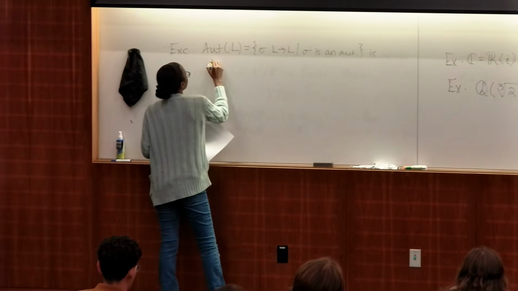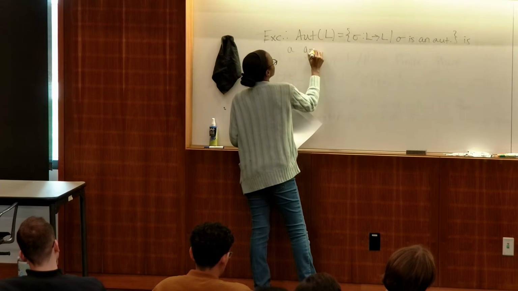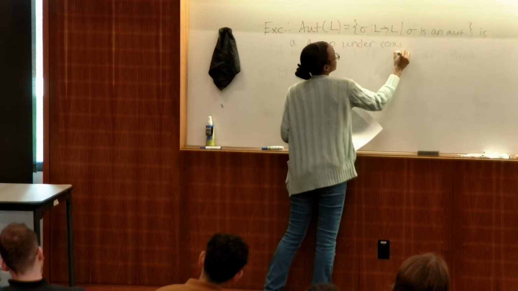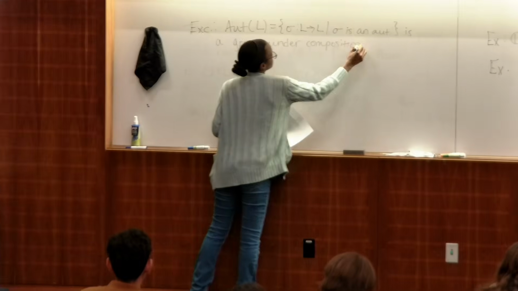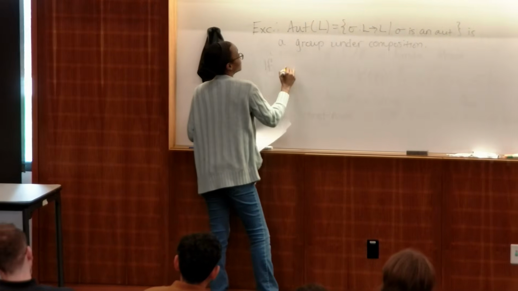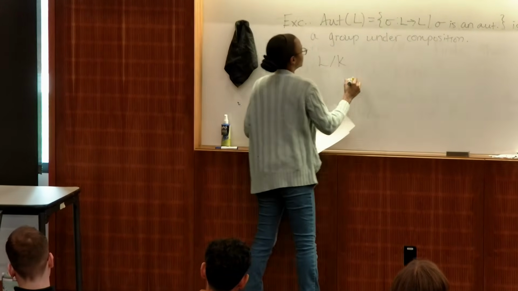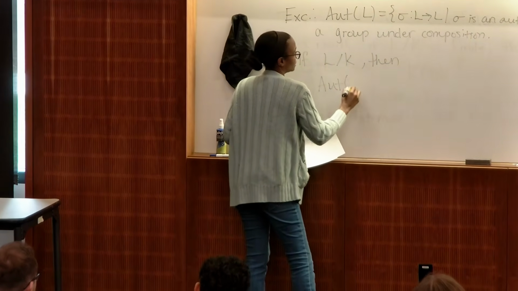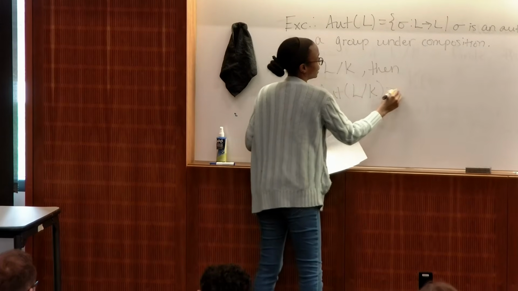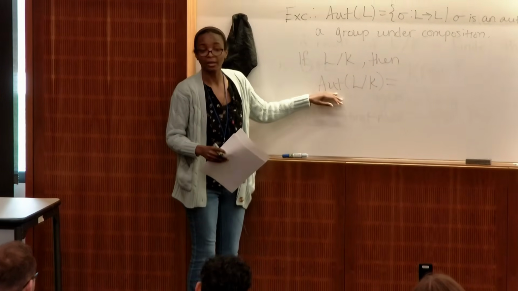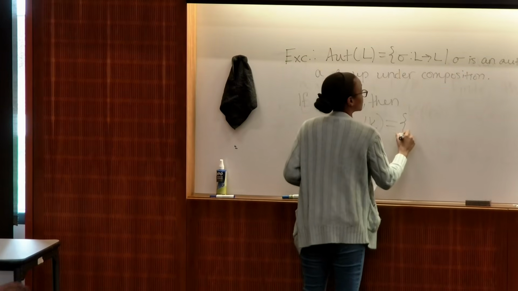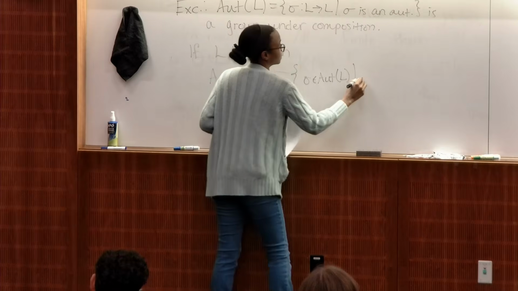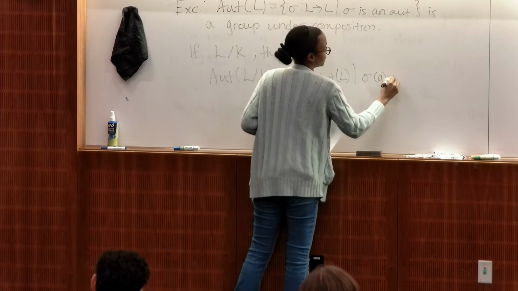So the set of all automorphisms is a group under function composition. And if L over K is an extension, then the set of automorphisms of L that fix K, which we often denote by Aut(L/K), fixes K element-wise.